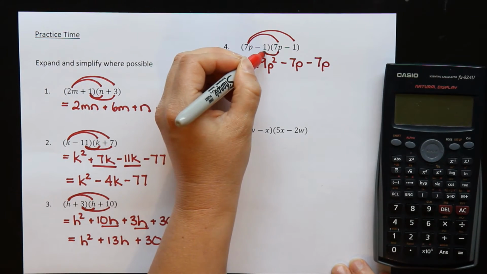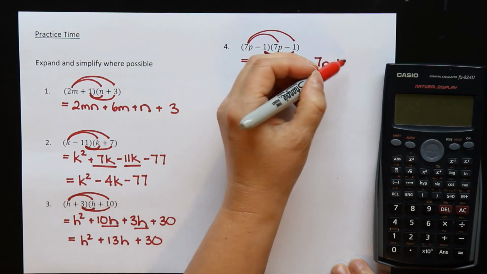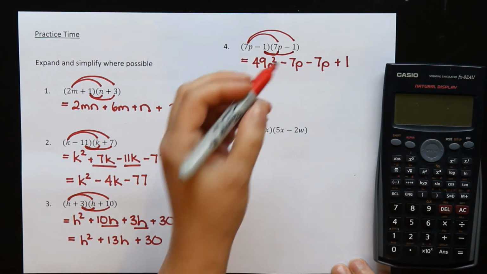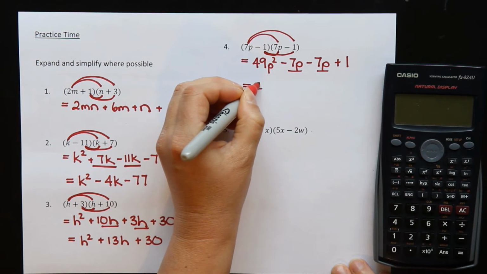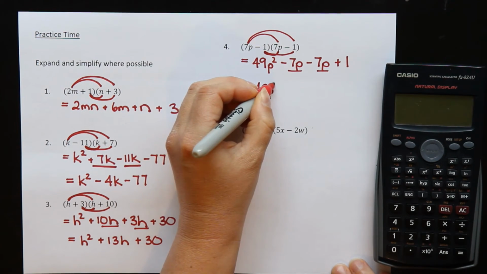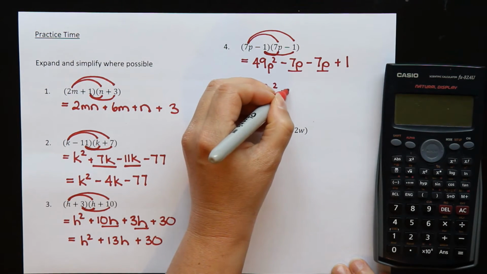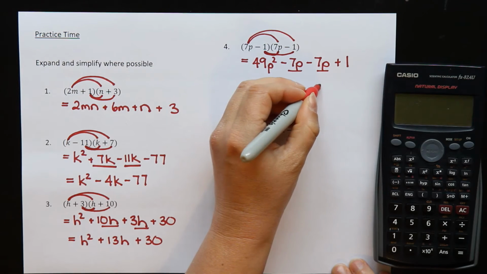And last, minus 1 times minus 1. Minus and minus makes a plus. 1 times 1 is 1. The like terms are the two middle ones. So we have 49p squared minus 7p minus another 7p is minus 14p plus 1.